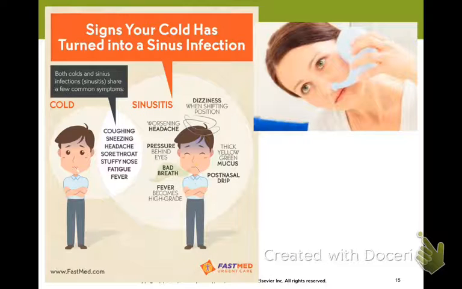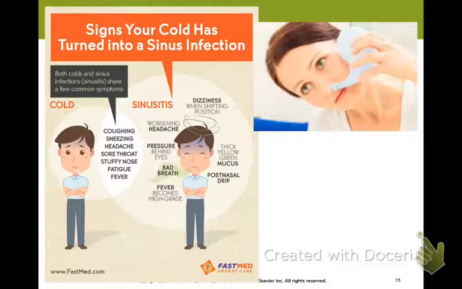Not good. So how do you know if you have a sinus infection versus just a cold? Both of them are going to give you coughing, sneezing, headache, sore throat, stuffy nose, fatigue, and fever. But sinusitis, or potentially a sinus infection, is that feeling like someone has been spinning you around in a chair. Every time you move, you have problems with your inner ear.